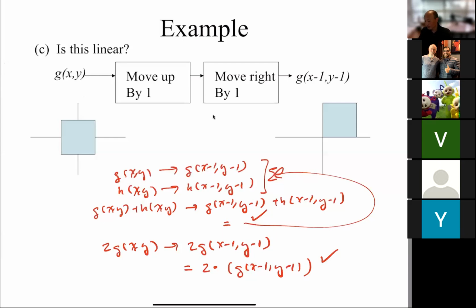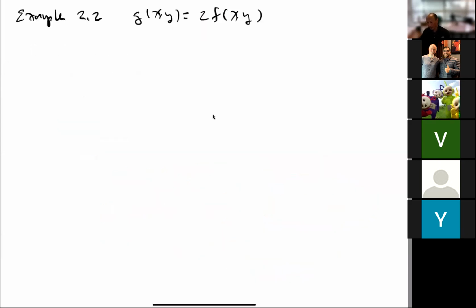Okay, so let's move on to example 2.2 from the class. That was saying g(x,y) equals 2f(x,y), and the question is, is this a linear system or not? It's a little tricky, because what is the input here?